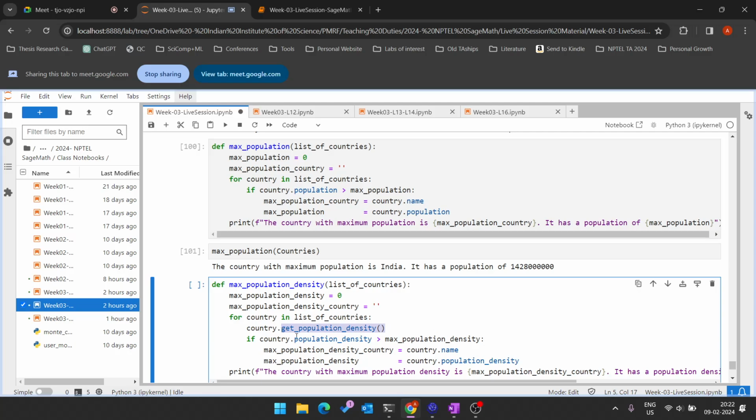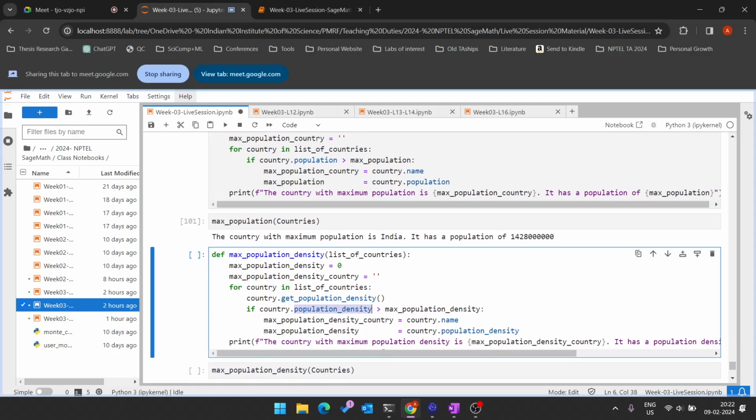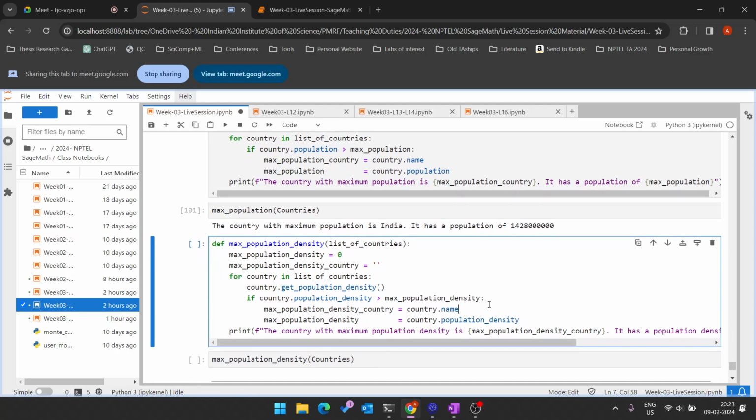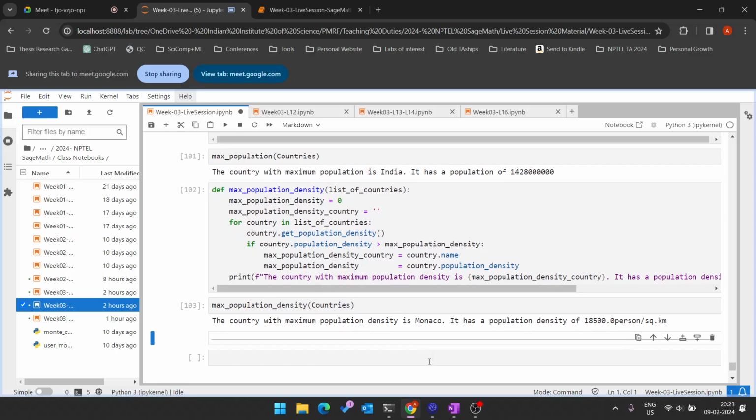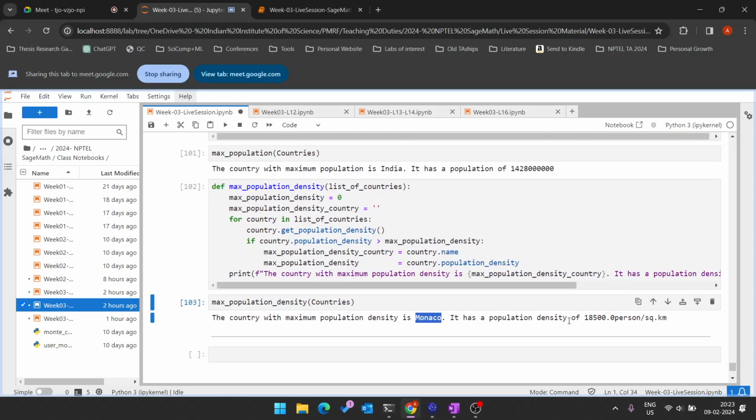What it does is create another attribute, population density, on the object of class Country, and that is what is being compared, and we find the max of that. Once that is done, we print out the maximum population density and the country. So it's Monaco with a population density of around 18,500 people per square kilometer. So this is how it looks.